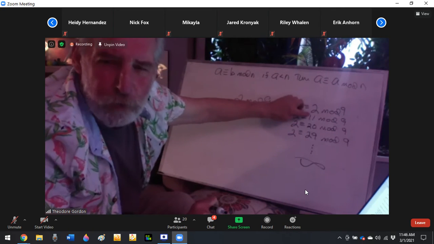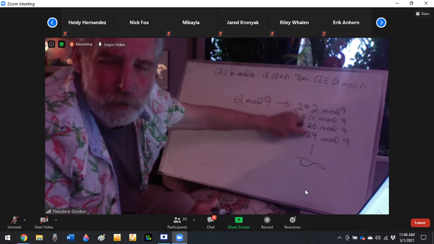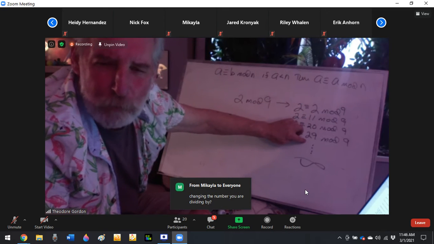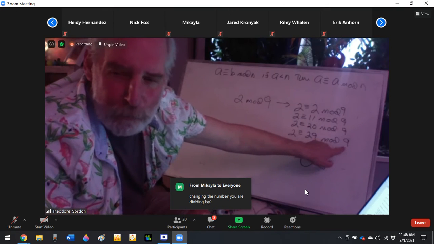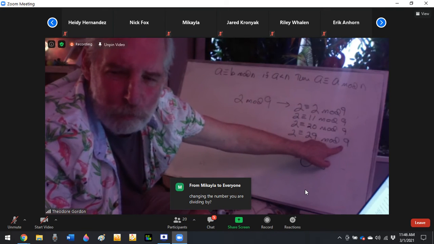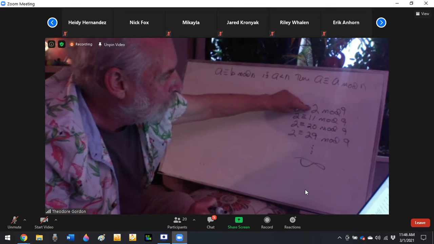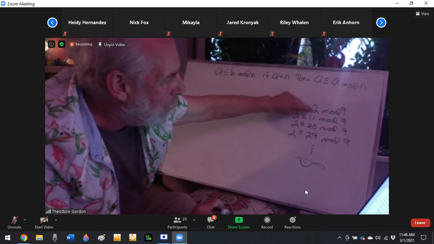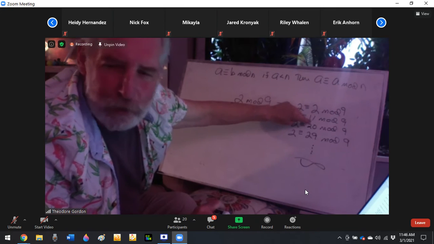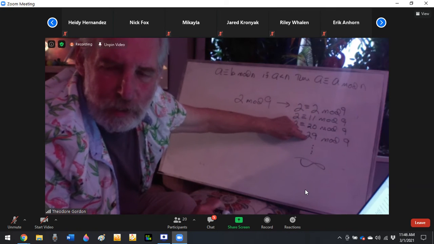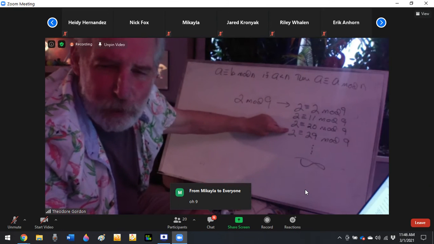From 2 to 11, from 11 to 20, from 20 to 29, what am I doing? No, this is the number I'm dividing by. I'm dividing by 9. I'm changing the remainder. Do you see what I'm adding here every time? So 2 plus 9, 11 plus 9, 20 plus 9. And I'm getting the same result every time.